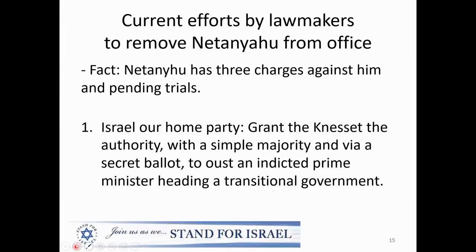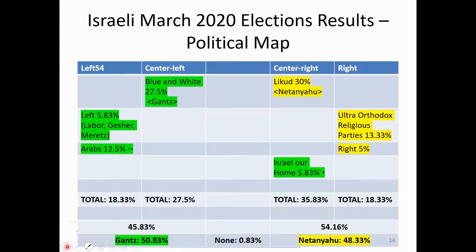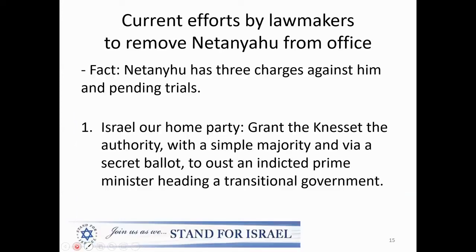So the next stage was to go to the Knesset and form a government. But Gantz and some other parties that wanted Gantz to be the prime minister immediately started an effort by the Knesset members, the lawmakers, to remove Netanyahu from office.